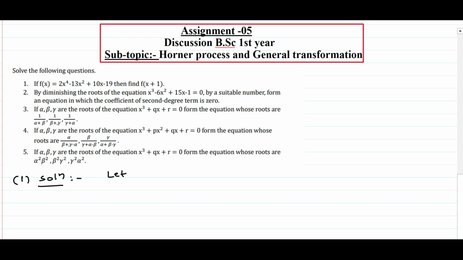So let us consider the given function f(x) = 2x^4 - 13x^2 + 10x - 19. So now we need to find the value of f(x + 1).